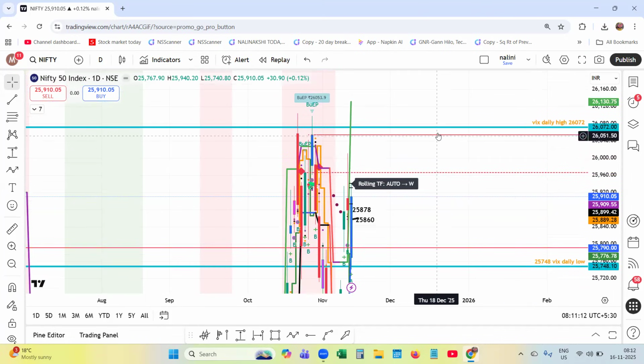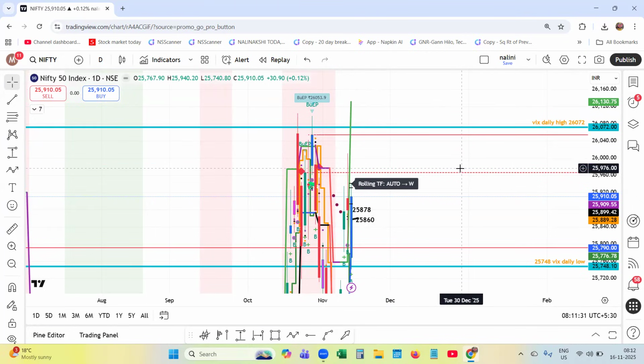The 26,050 was the cluster of resistance, and the market had made a high of 26,104. Next was 26,097, and the present hurdle is around 26,057.